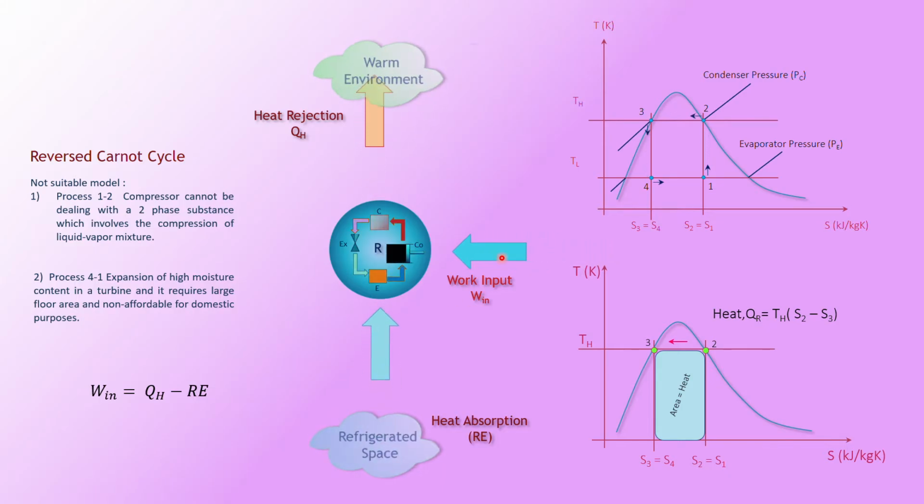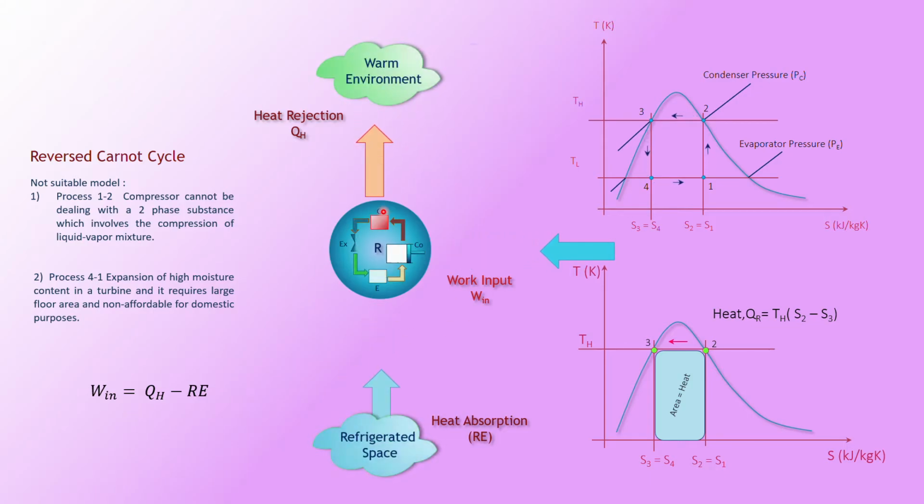So this plus this equals this. So the work in, if you manipulate this, would be equal to QH, heat rejection, minus RE, the refrigerating effect, and you get how much work input. Or you can put W in plus RE equals QH. In plus in equals out.